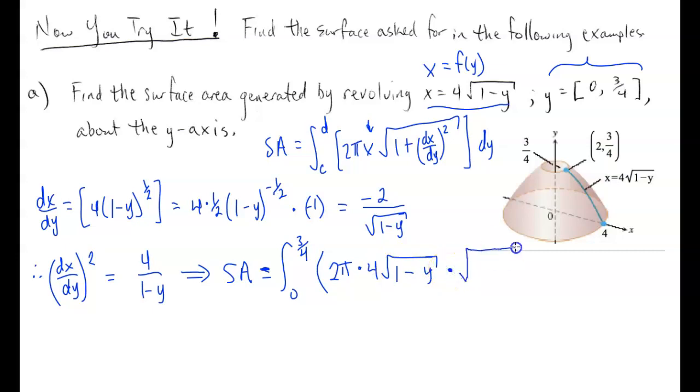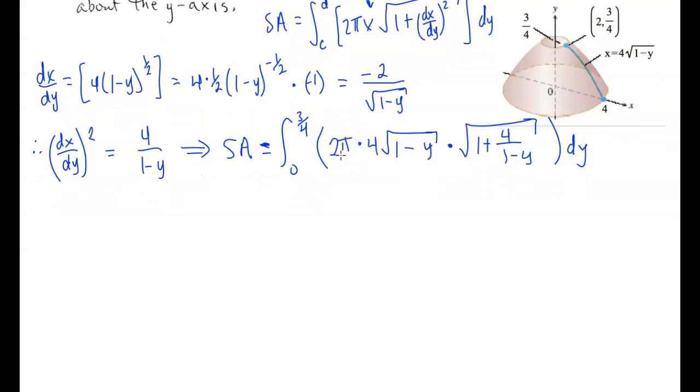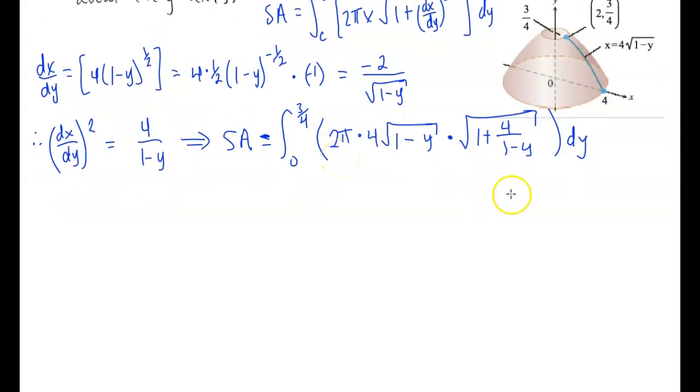This will also be multiplied by the square root of 1 plus 4 divided by 1 minus y, and then all that times dy. So now what we will do is work on simplifying this integrand as much as we can, and then integrate.